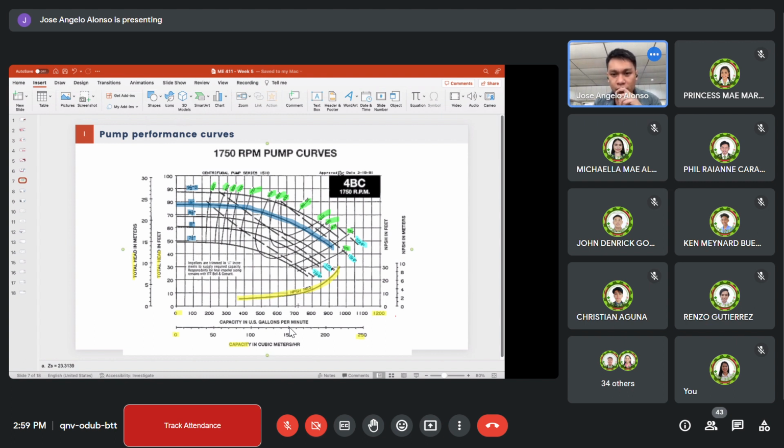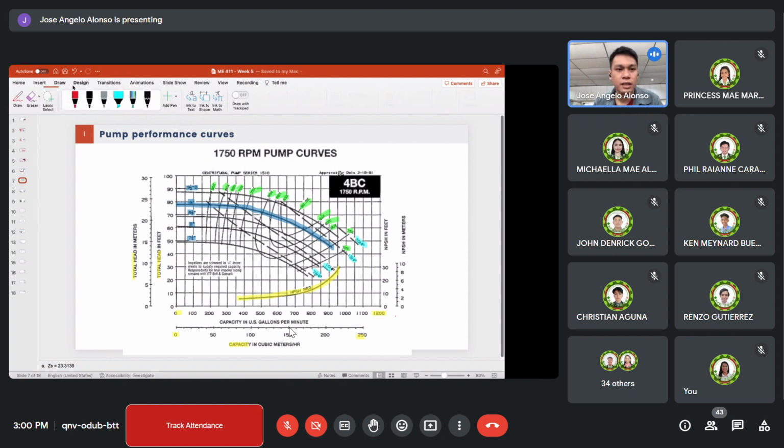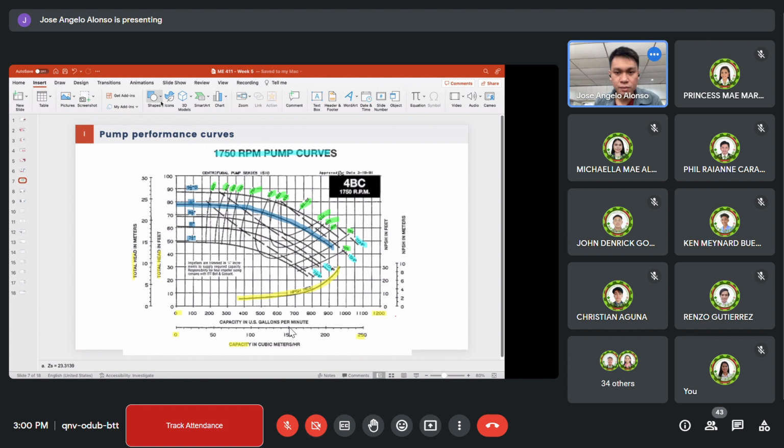So example, using 9 inches diameter ng ating impeller, ang ating pump is running at 1,750 RPM. Highlight ko lang, 1,750 RPM. And gumagamit tayo ng 9 inches in diameter. Naka-highlight na siya sa blue, yung 9 inches class.